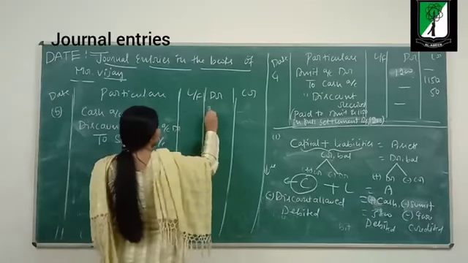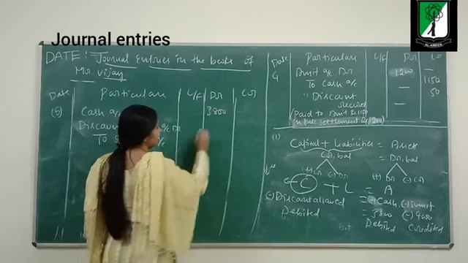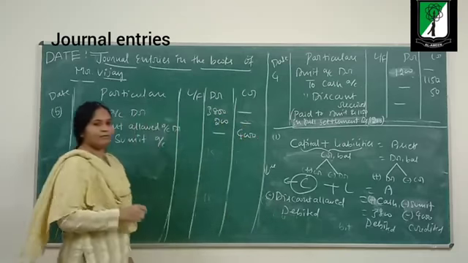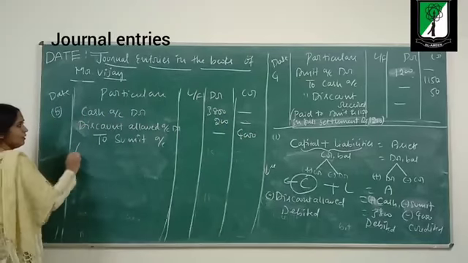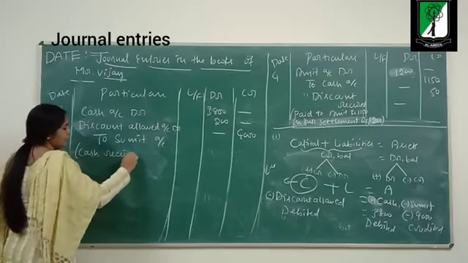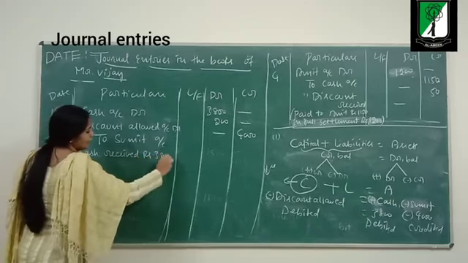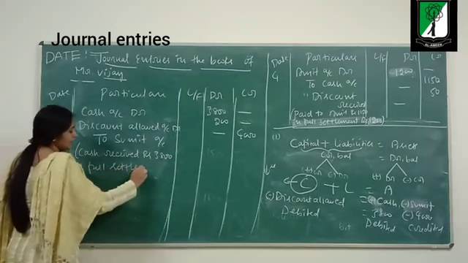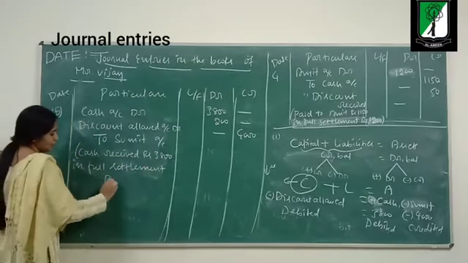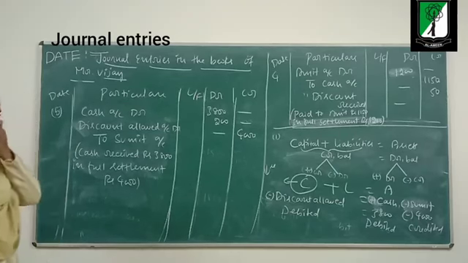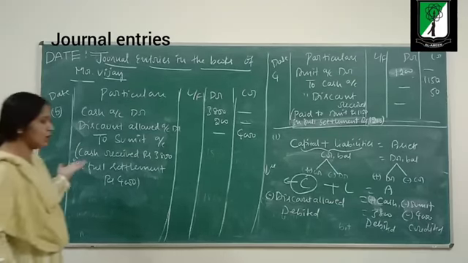The business has received 3,800 in cash and is giving 200 discount, in full settlement of his account worth rupees 4,000. Cash received rupees 3,800 in full settlement of rupees 4,000.